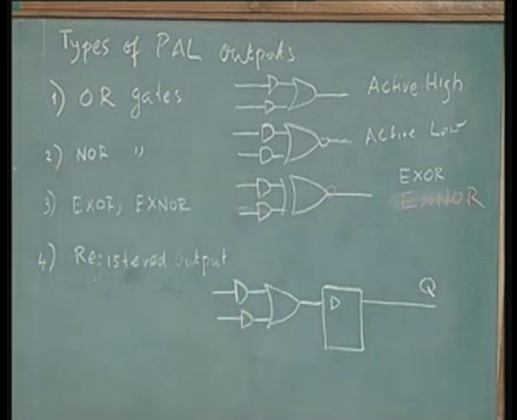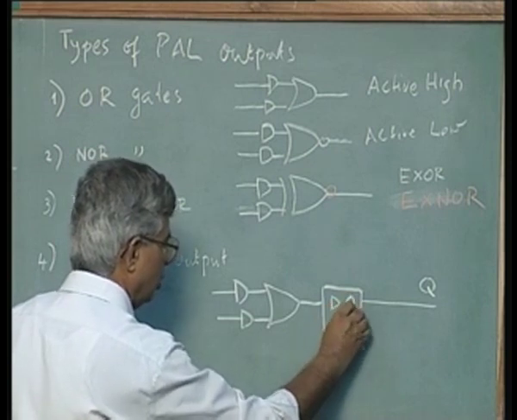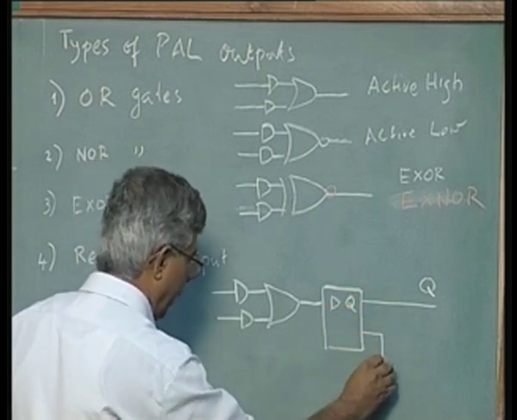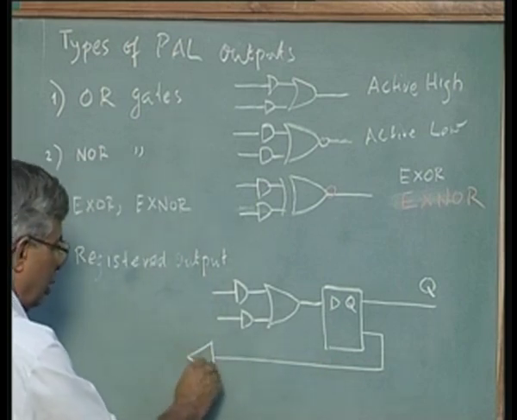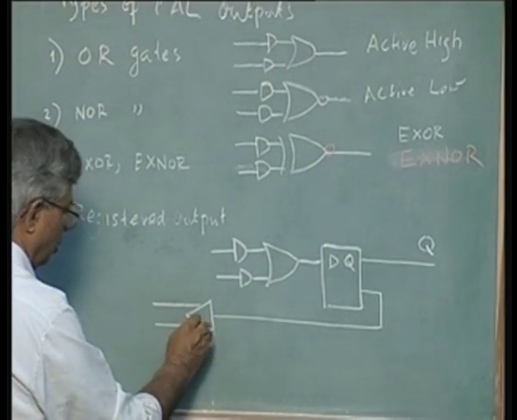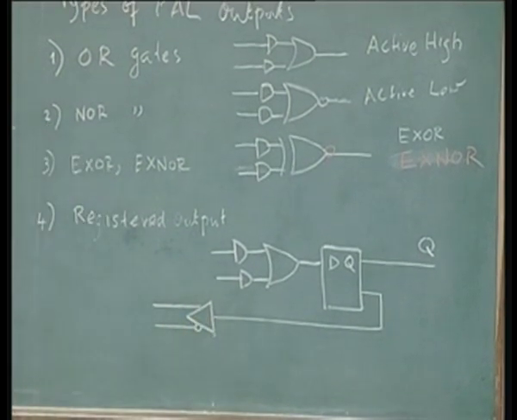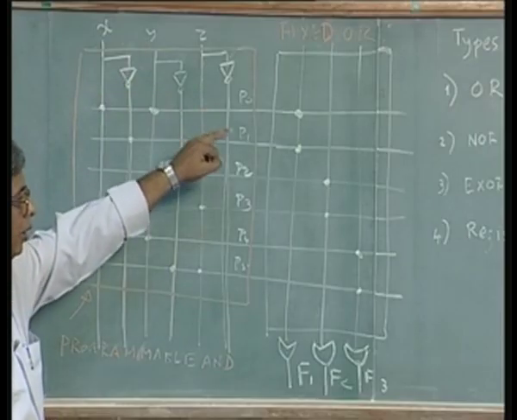This is the registered output. And one interesting thing is, I can also take this output back as an input to the PAL, programmable logic. Like this, x and x bar, y bar, z bar.